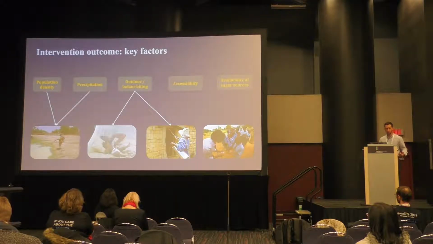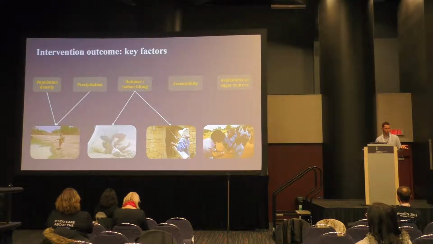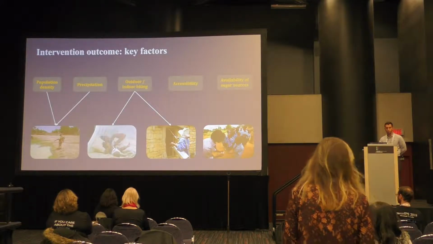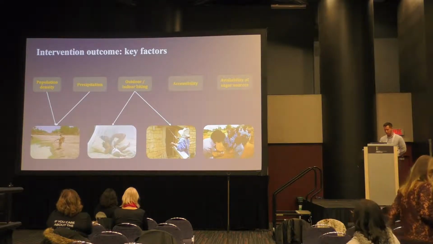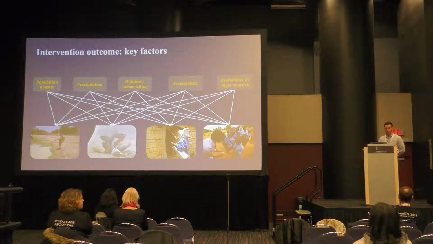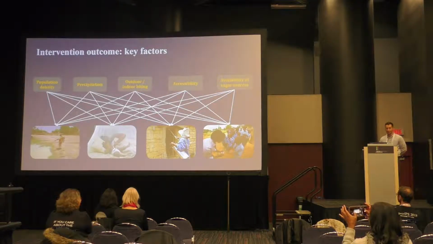Another example is the ratio between indoor biting mosquitoes and outdoor biting mosquitoes. Methods like bed nets and house spraying are not effective if outdoor biting mosquitoes are more prevalent. And actually there's many interactions and many factors that make it difficult to select an optimal intervention for a given location.